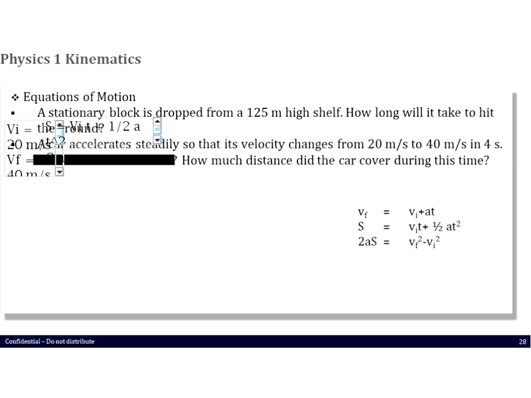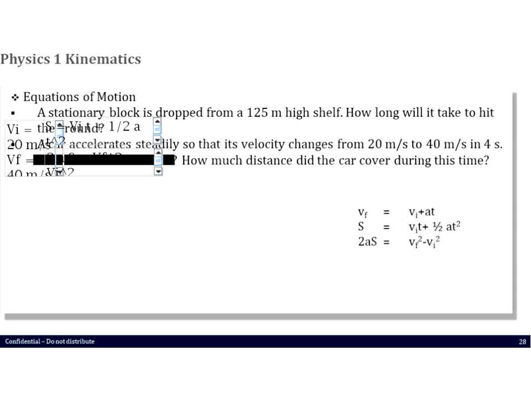S is equal to VF squared minus VI squared. So, okay, now 2 multiplied by, what is the value of A? It is 5, multiplied by S, we don't know, is equal to VF squared. VF is 40, so 40 squared, 4 by 4, 16, 0, 0, minus VI squared.